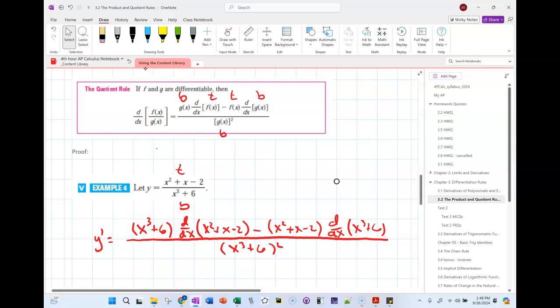Everybody so far so good with the initial setup? All right, let's do our derivatives. So what's the derivative of x squared plus x minus 2? 2x plus 1, thanks Violet. And then the derivative of x cubed plus 6.